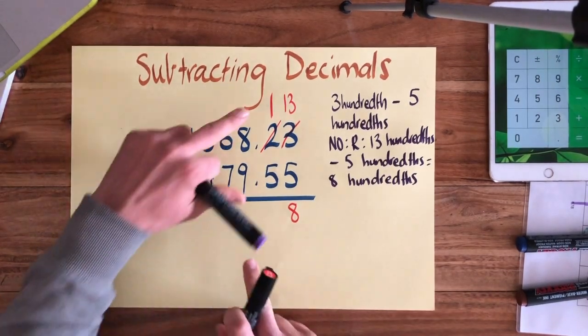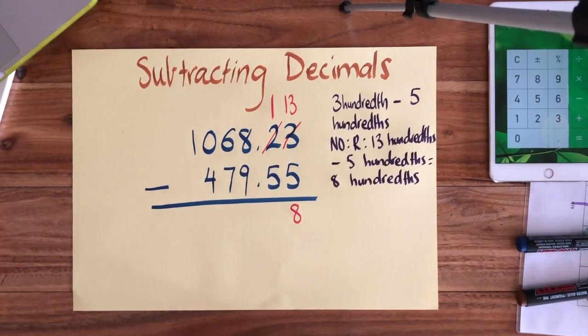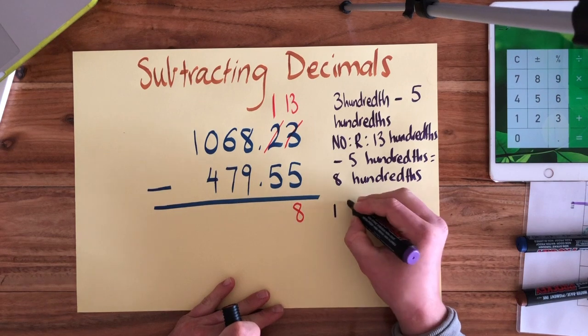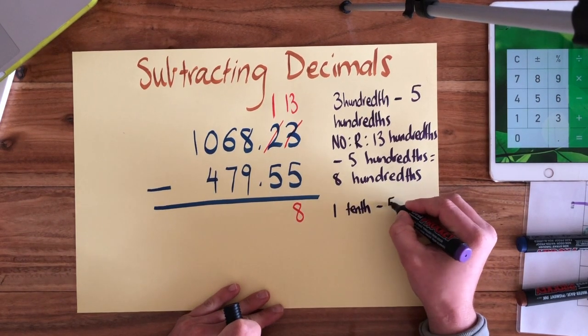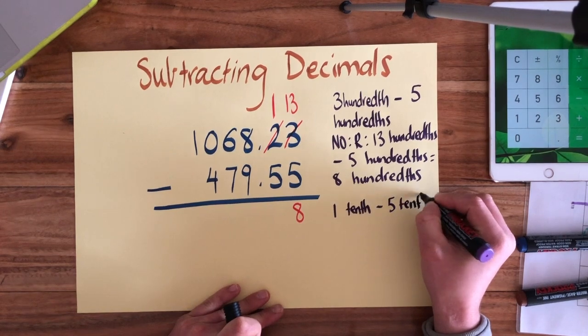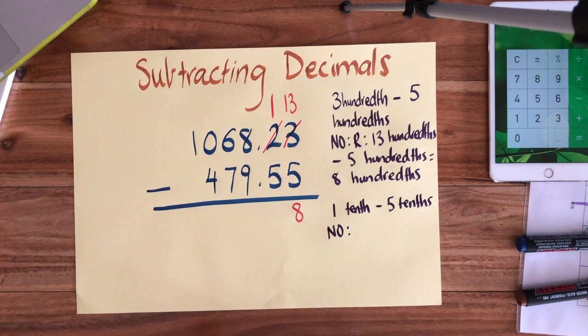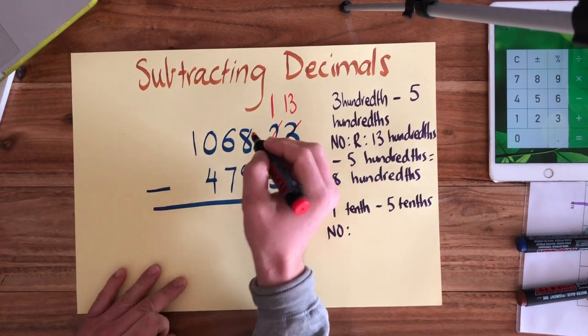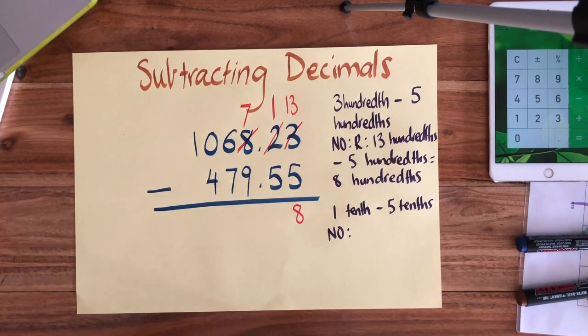Next step, one tenth take away 5 tenths. Can I do it? Let's write that out. One tenth subtract 5 tenths. No, I can't subtract 5 tenths from one tenth. So I need to rename. Rename one one. Now 7 ones, and one one makes 10 tenths.